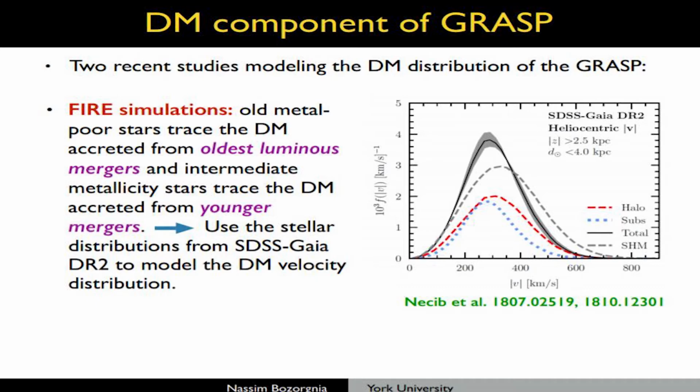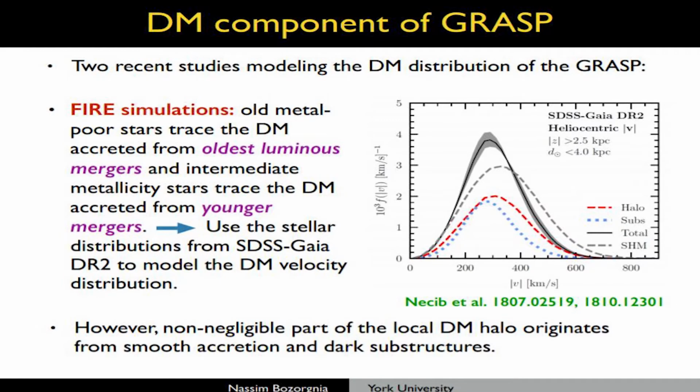And this is the result that they find. So this is the standard halo model here, and this is the velocity distribution that they infer basically based on what they find in the FIRE simulations. There is a subtlety here, and this is that actually, this is only tracing of the dark matter from luminous mergers.